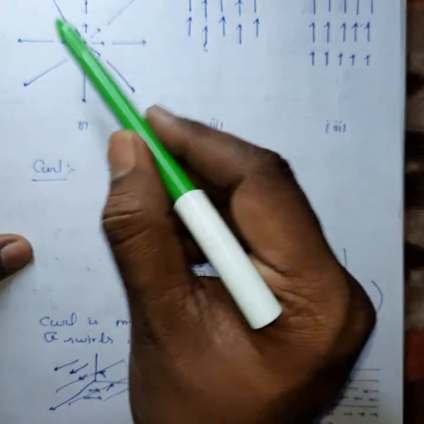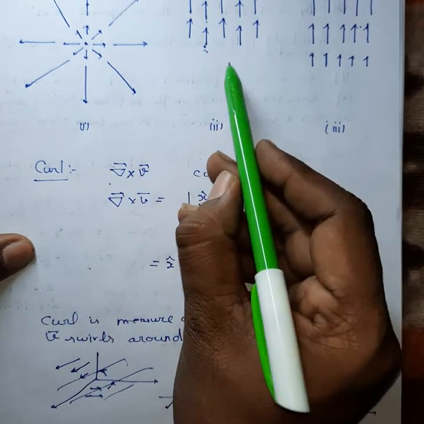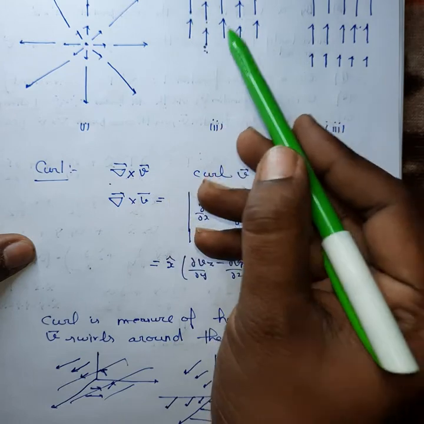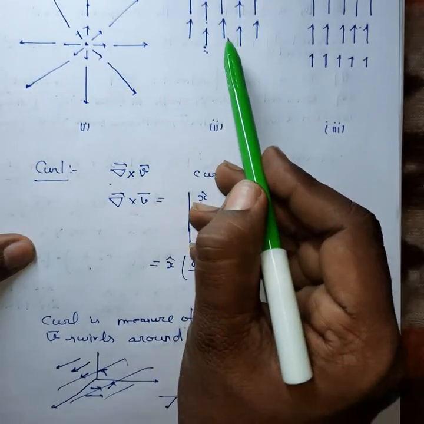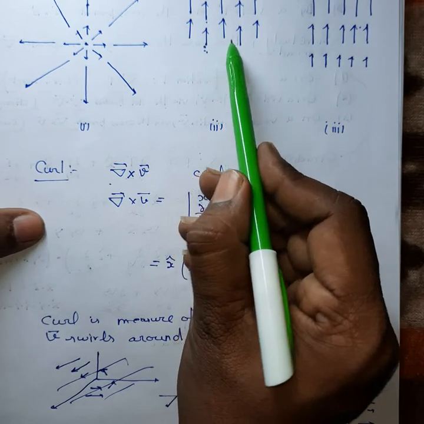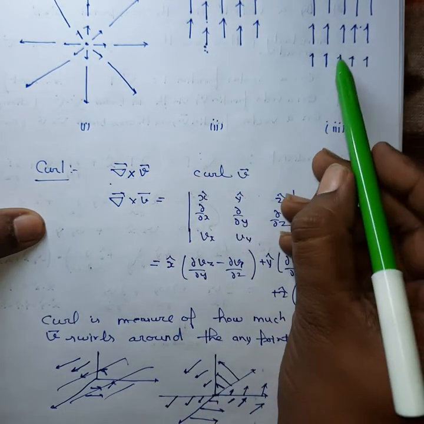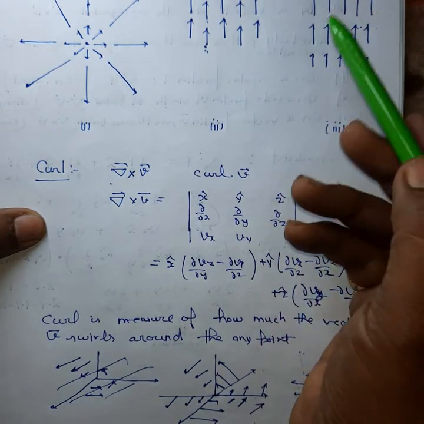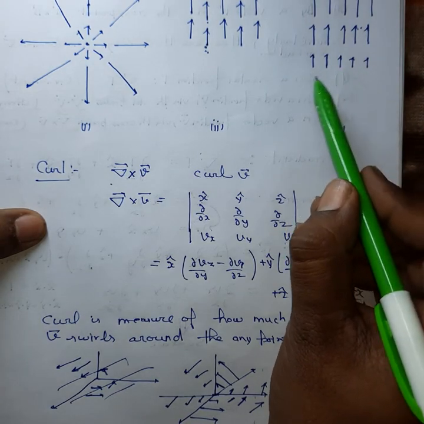It does not rotate, so it has a zero curl. This picture also has no rotation, it does not swirl around any point, so there is no curl, hence it is curlless. Similarly, in this picture there is no rotation.